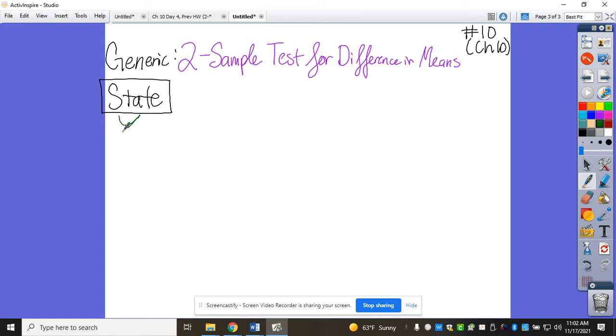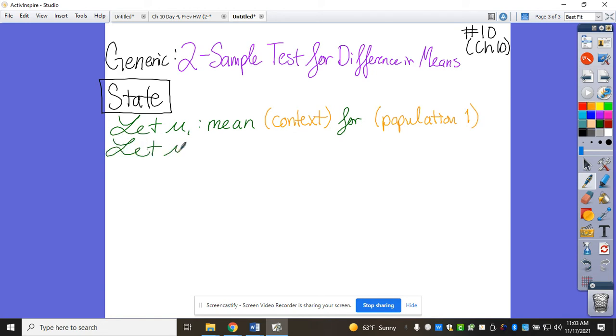Let mu 1 be the mean, in context, for population 1. Then I'm going to do the same thing with whatever my second mu is.